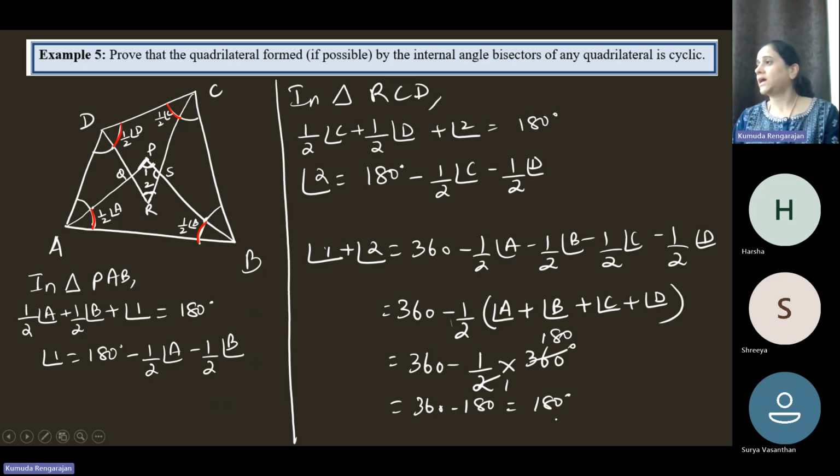So what do we prove? Angle 1 plus angle 2 is equal to 180, which means angle P plus angle R is 180. One pair of opposite angles are supplementary.